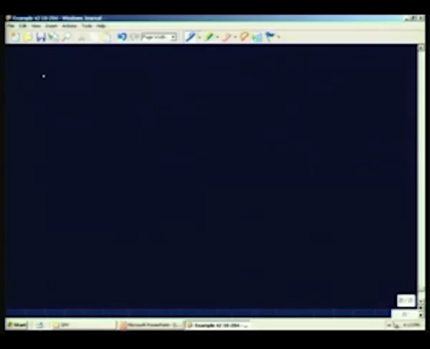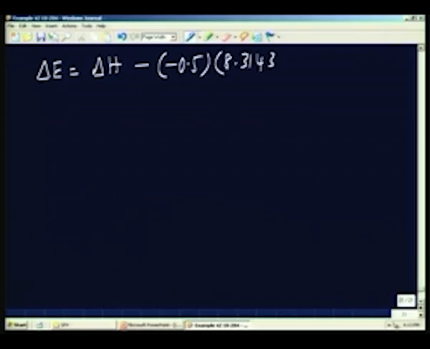So, we can say that delta E will be delta H, the change in enthalpy, minus delta n, which is minus 0.5, into R, the universal gas constant, which is 8.3143, into 298. That is the standard temperature at which we are interested in calculating.